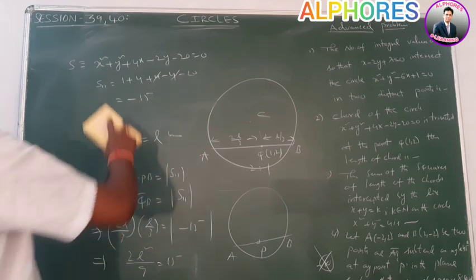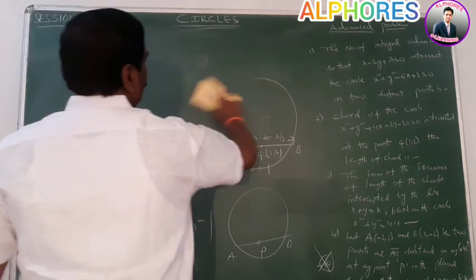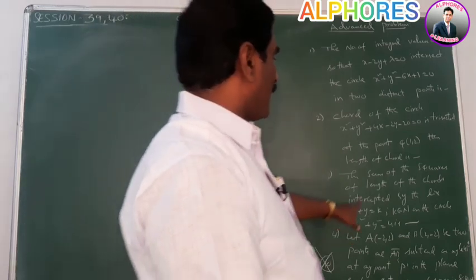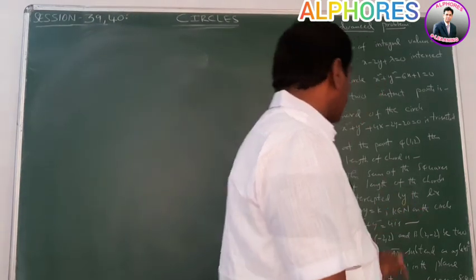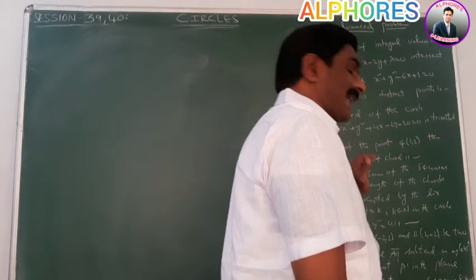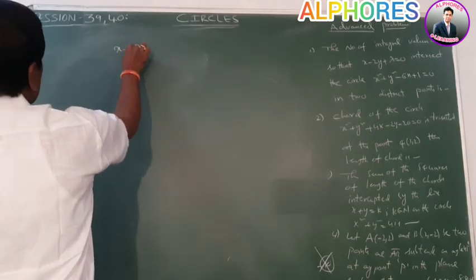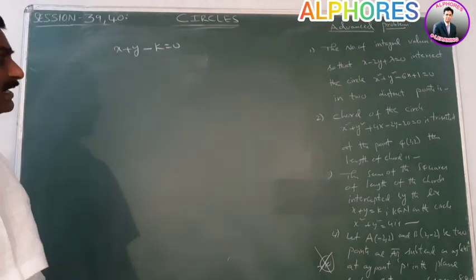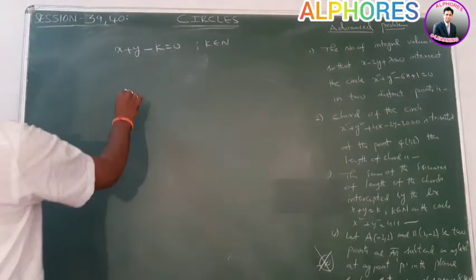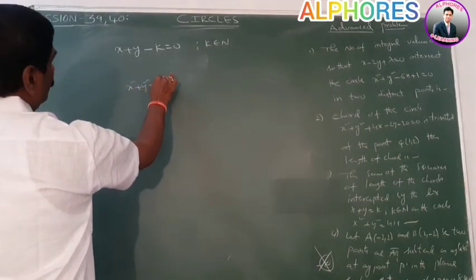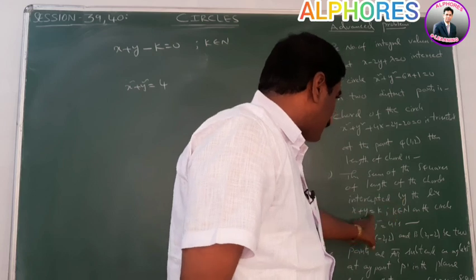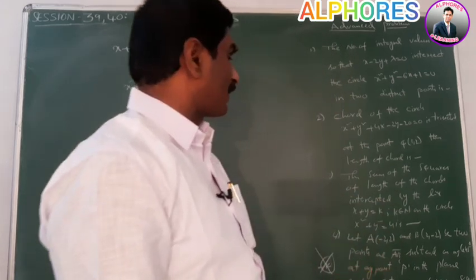Next, the third one. The sum of the squares of the lengths of the chords intercepted by the line x plus y is equal to k, where k belongs to N, on the circle x square plus y square is equal to 4 is dash.